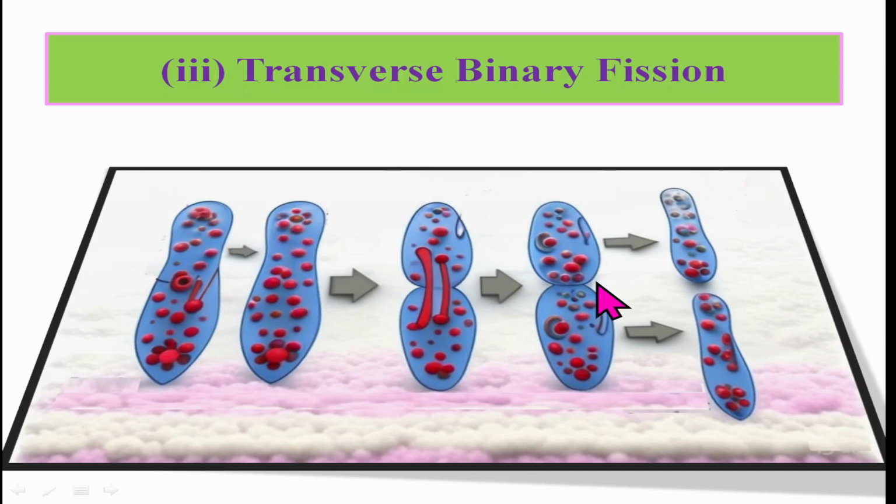The body of the paramecium will divide into two parts, and then form two complete paramecia, each consisting of one nucleus.